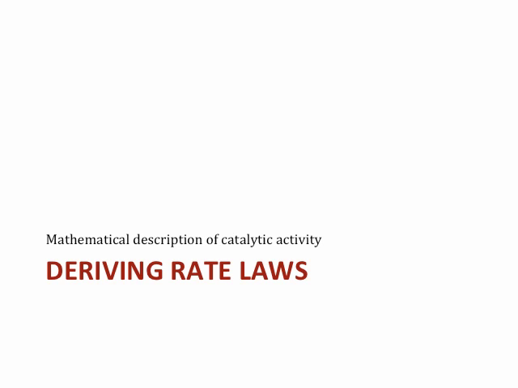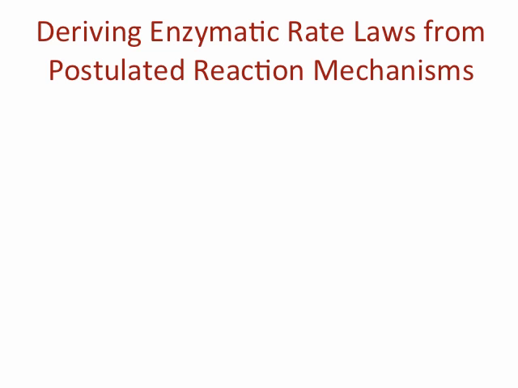In terms of this class, we now need to figure out how to describe mathematically the action of enzymes when it comes to catalyzing reactions. The process that we go through mathematically in deriving enzymatic rate laws is as follows.